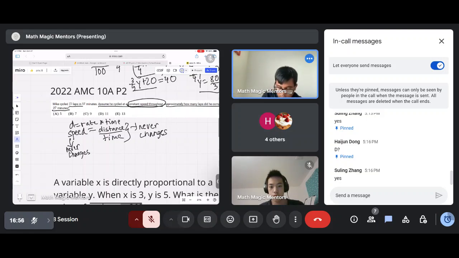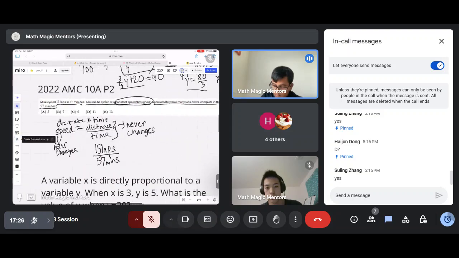And so here, our distance is given in laps and our time is given in minutes. So as you can see here, the distance Mike cycles is 15 laps in 57 minutes, right? So this is his speed, his velocity, his rate. And this is the speed he's going throughout, right?